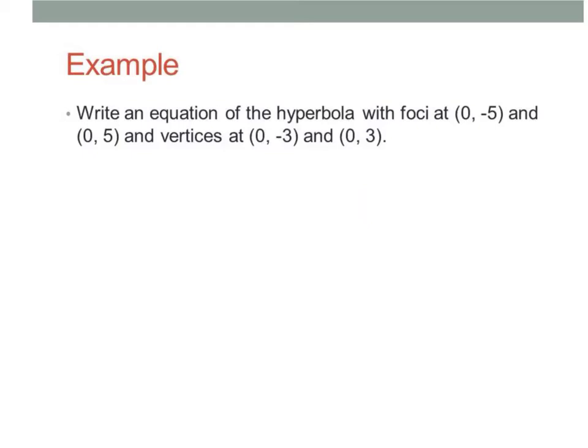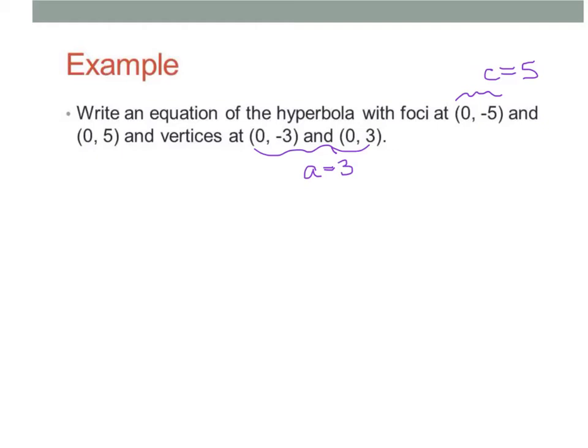So the next thing we want to do is write an equation, and it gives us 2 focal points and 2 vertices. The distance to those focal points is your C value. So this tells me that C is 5, and this tells me, either one of these, that A is 3. I really have to figure out, is this opening left, right, or up, down?